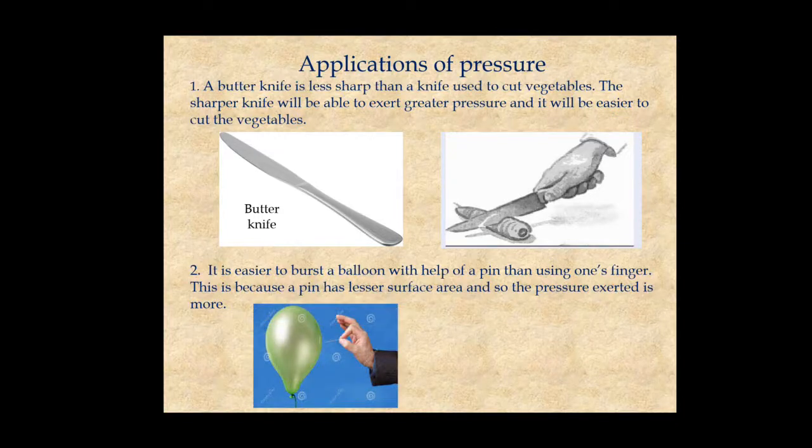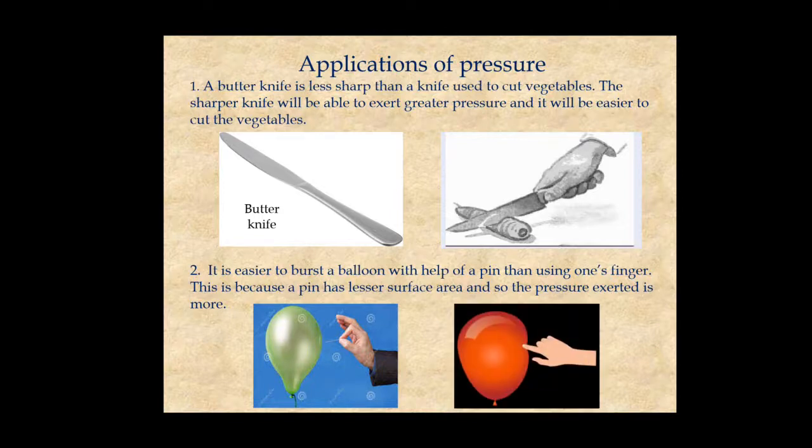Look at the picture. This is the first one. We are applying a pin to burst this balloon, and look at the second picture. Here we are applying our finger to burst the balloon. So where will the pressure be more? The pin has lesser surface area and the finger's surface area is much more than the pin.